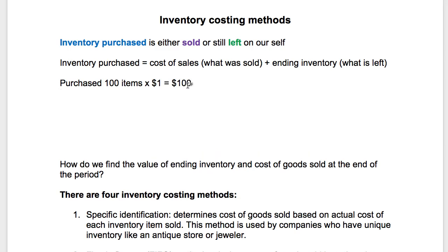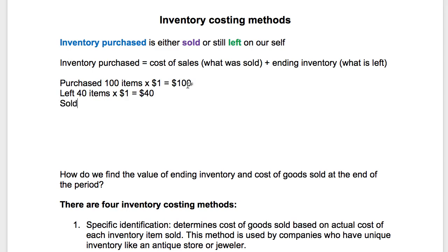Now at the end of the month, I have a look on my shelves to see how much I have left. And I can see that there are 40 items left. Now, because each one cost $1, then I can use that to calculate my ending inventory. So this will be my ending inventory, an asset on the balance sheet.